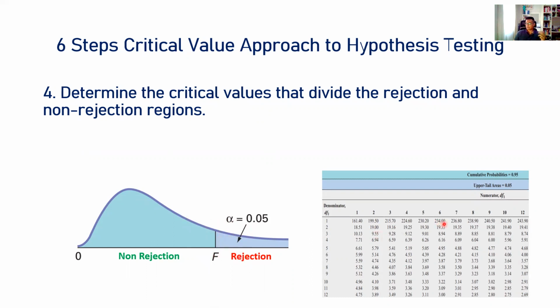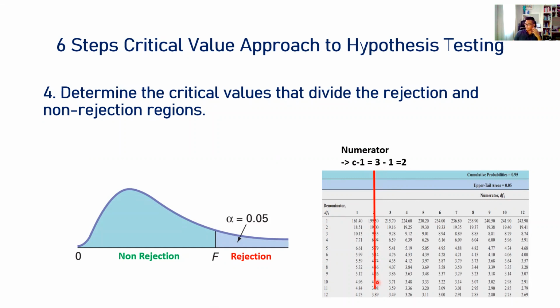How do we locate it? We have the column name and the row name. The column name is the numerator and the row name is the denominator. For the numerator, the degree of freedom is for the among group variation, C minus 1. The number of groups is 3, so 3 minus 1 is 2, and we locate the second column.